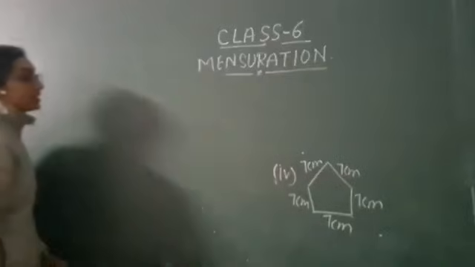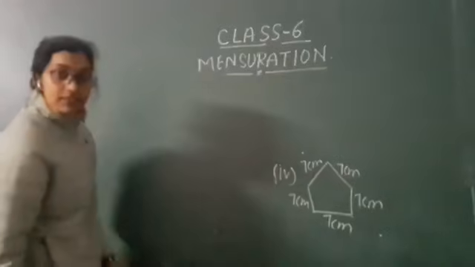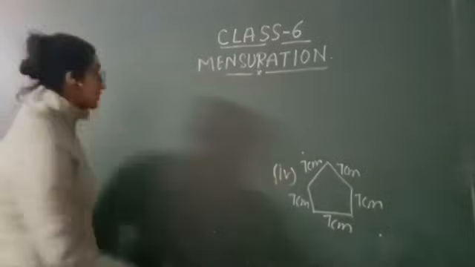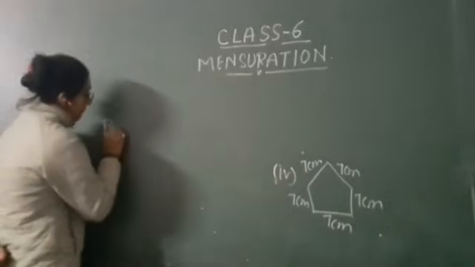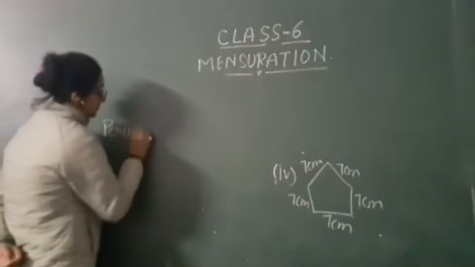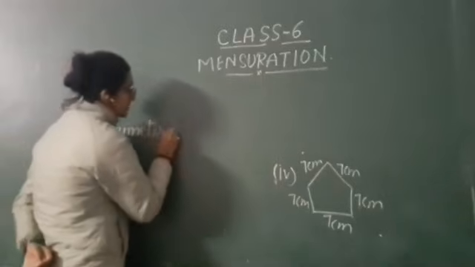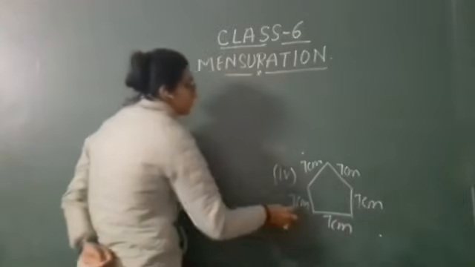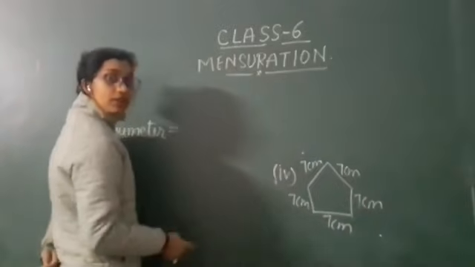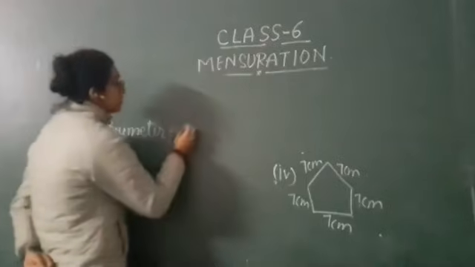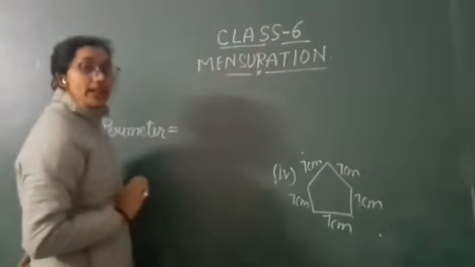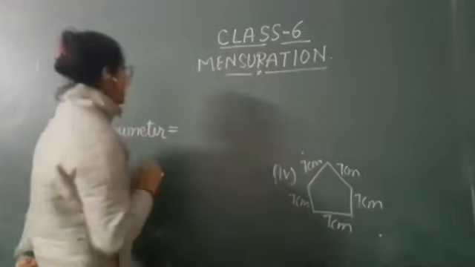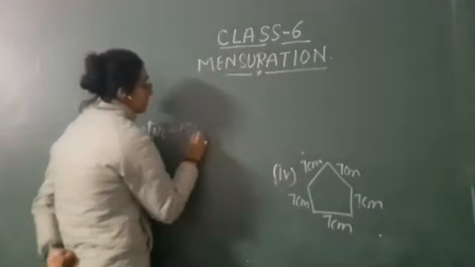So, in the fourth part, all the lengths are given as 7 centimeter. So, perimeter is equal to how many sides? 1, 2, 3, 4, 5. 5, it means what? Pentagon. So, we know the formula of the pentagon, that it is 5 into the length of its side.